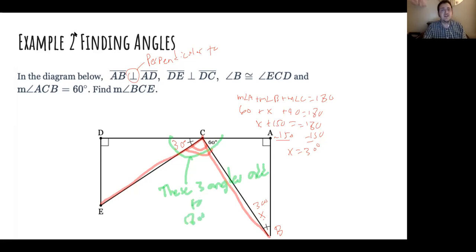So I could say that 30 plus measure of angle BCE plus 60 equals 180. And therefore, measure of angle BCE is equal to 90 degrees. Because we should all 3 add to 180.